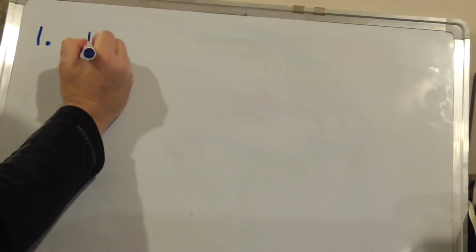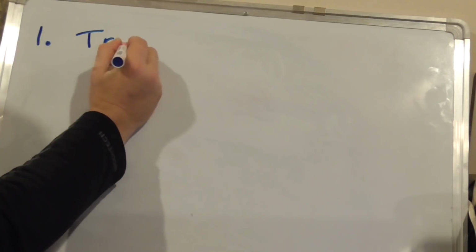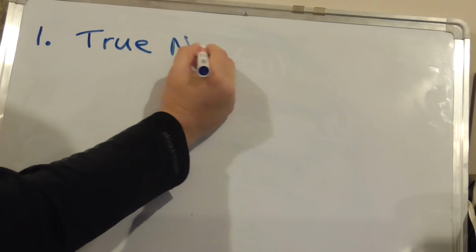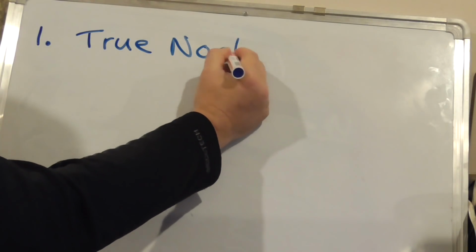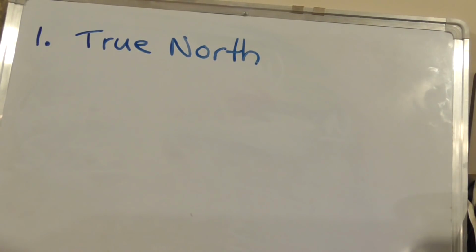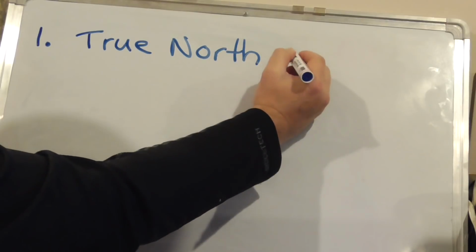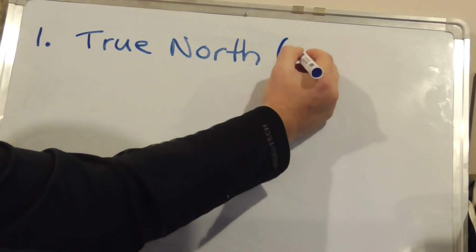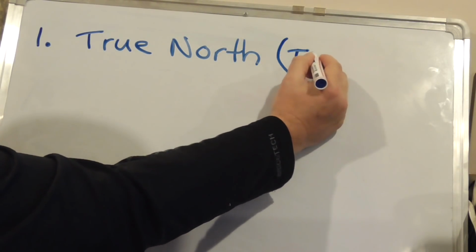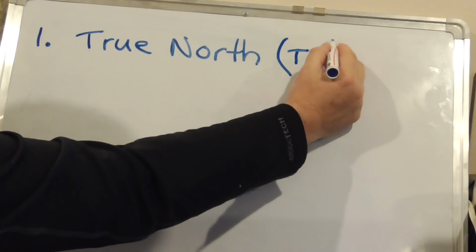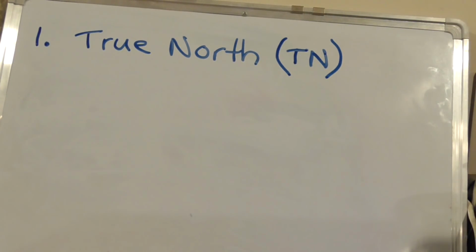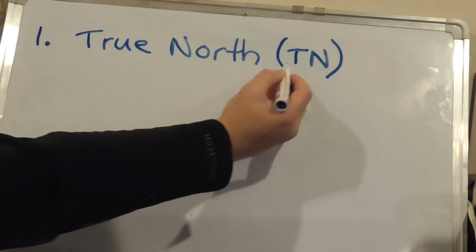The first north point, let's do our number 1 here, is what we call true north. Otherwise, sometimes seen, and I'm going to put it in brackets, as TN. TN for true north.